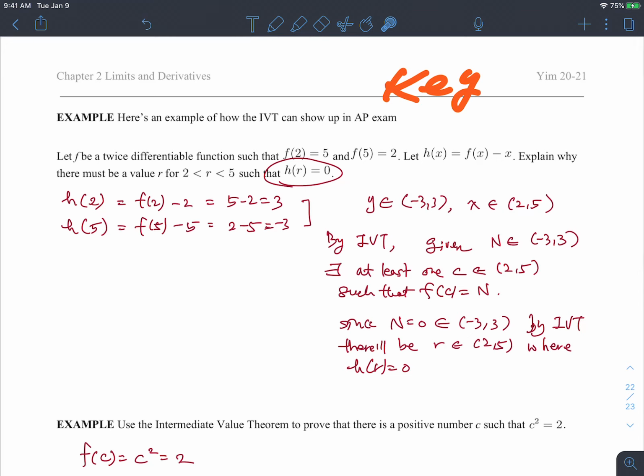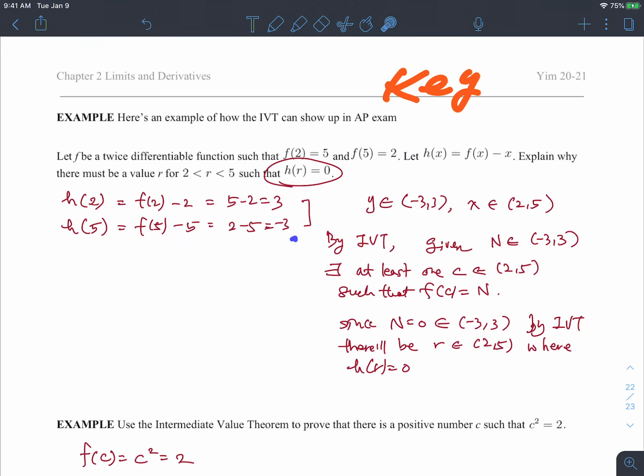So the first thing I do is that we're interested in whether or not this exists, h of r. So I need to find out what h is at 2 and 5. Those are my endpoints, right? So h of 2 is defined to be this. I plug it in. f of 2 is 5, so that's a 3. So when I do h of 5, this is f of 5 minus 5, and f of 5 is 2.